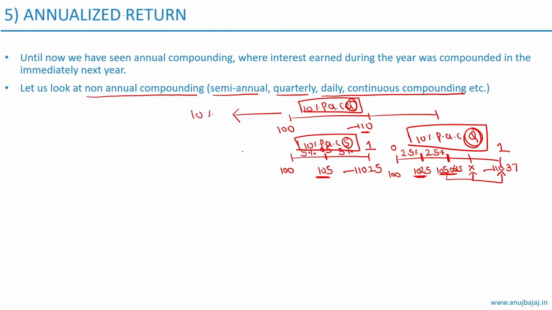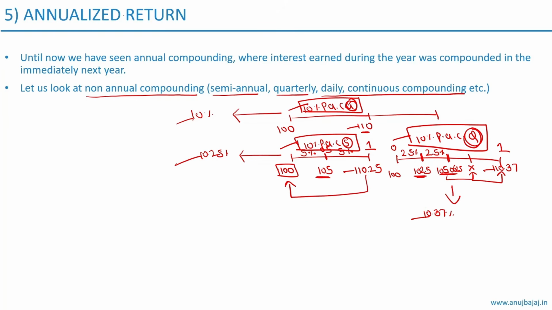When it is compounded semi-annually, the effective interest rate that we earn is the ending value minus the beginning value divided by the beginning value, which is 10.25%. And in case of quarterly compounding, it is 10.37%. So these are the effective annual interest rates, and these are the quoted or the stated interest rates.